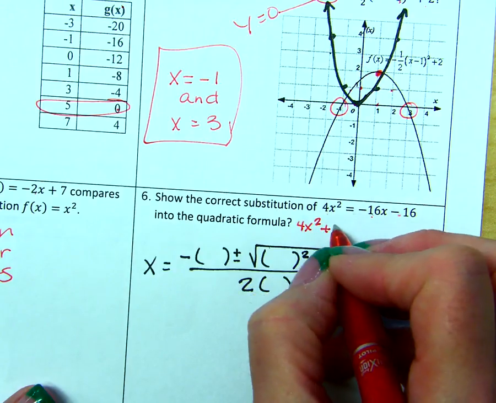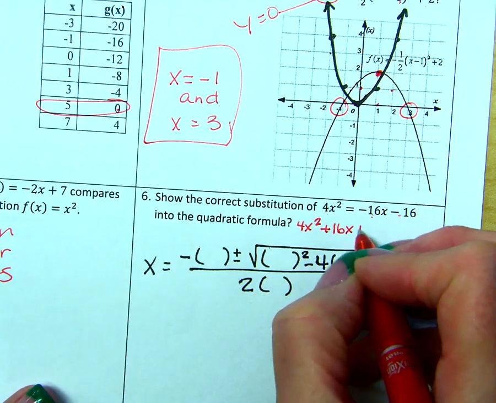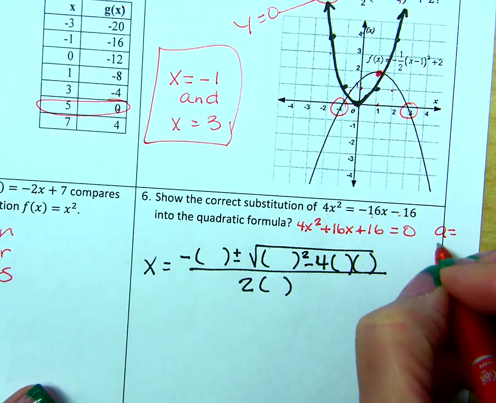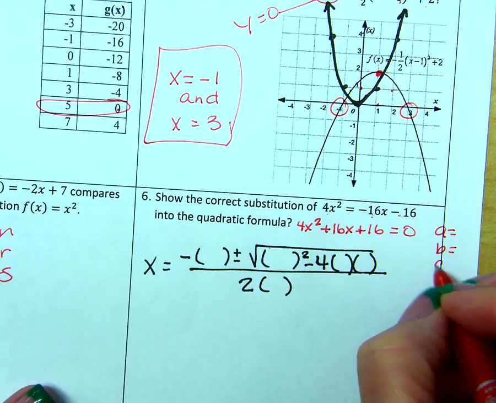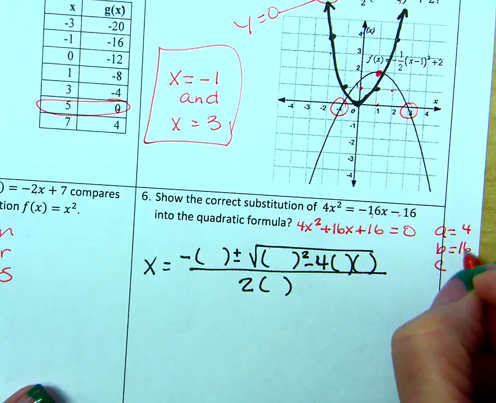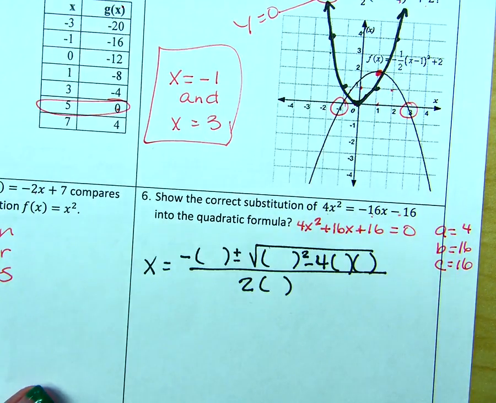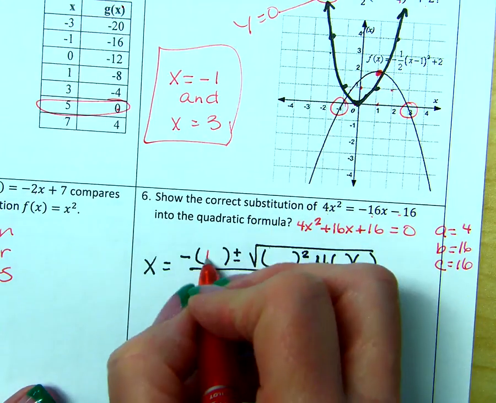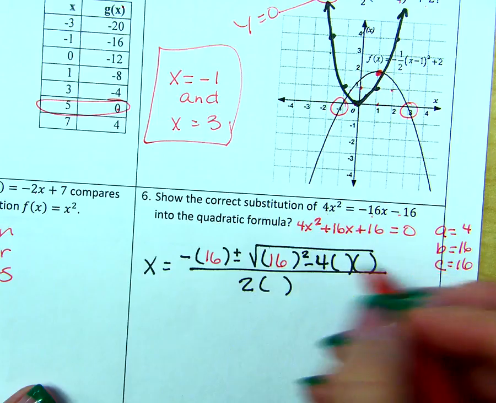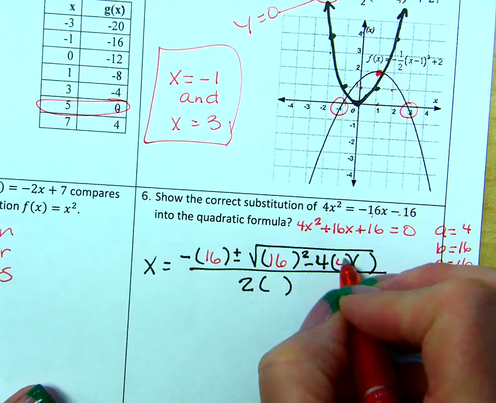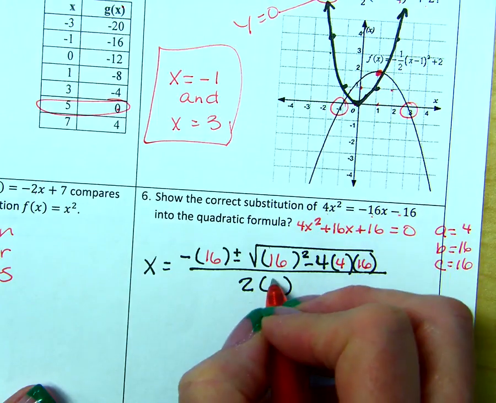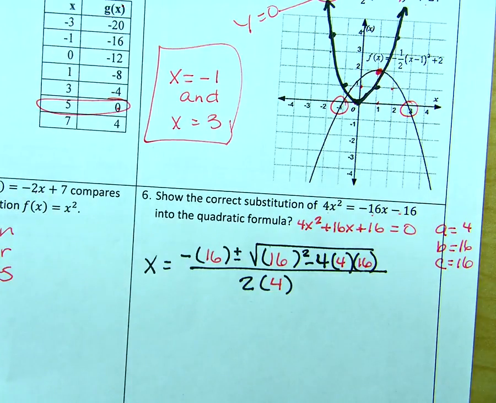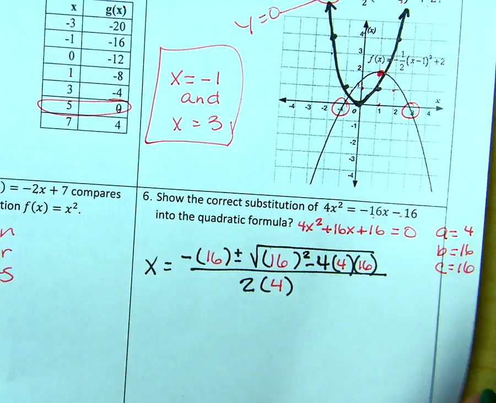So if they were negative, we would have to add to both sides to get rid of those negatives. Then I can identify A, B, and C. A is 4, B is 16, C happens to also be 16. So the formula says -b plus or minus the square root of b squared minus 4 times A times C all over 2 times A. And this is all we had to do for this problem, was simply substitute values in.